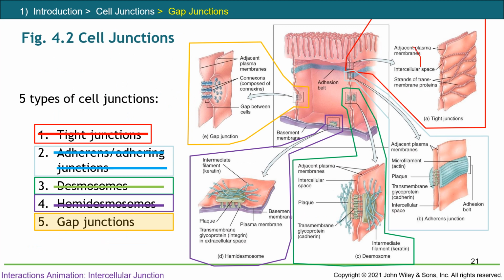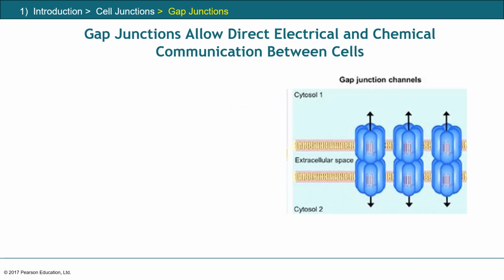So we finished all these junctions except the gap junction, which is important especially in the nervous system. The key information that I want you to remember from the gap junction is that it allows direct electrical and chemical communication between cells.